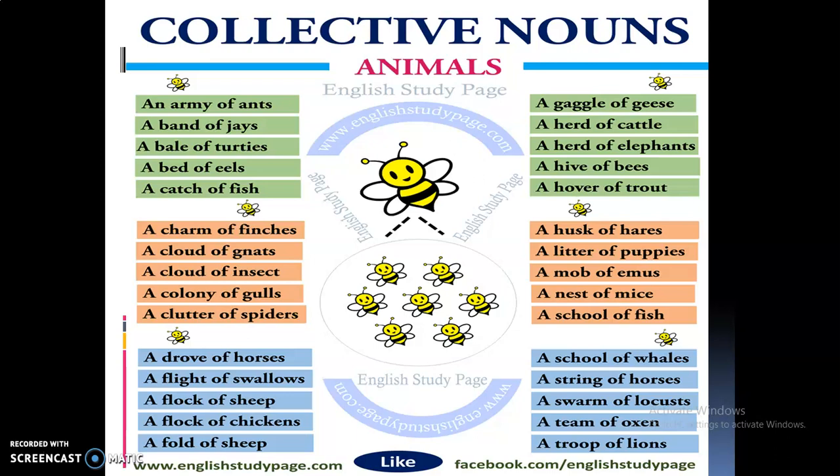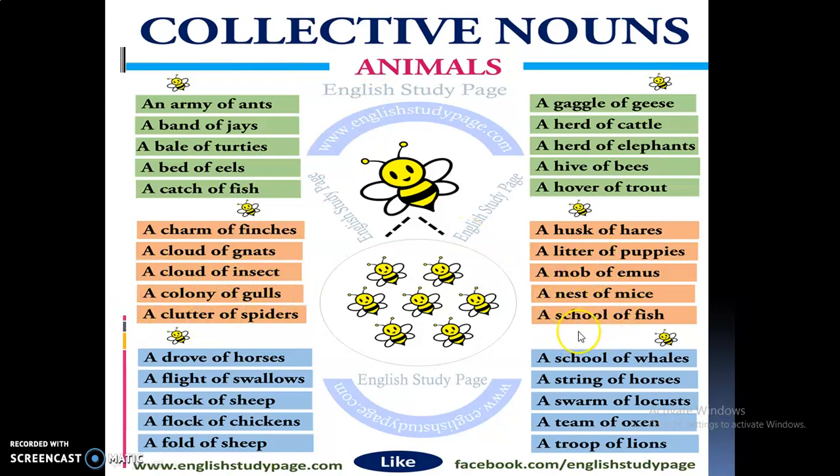So an army of ants, a gaggle of geese, a hive of bees, a catch of fish, a clutter of spiders, a cloud of insects. So how do we say it? A cloud of insects is a collective noun.